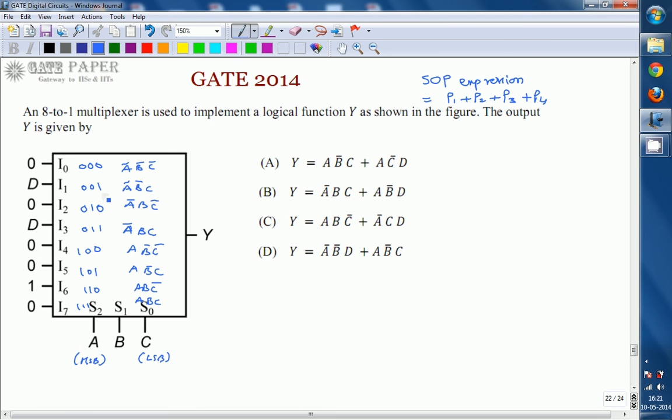Whenever you multiply anything with 0, the result is 0 only. So I0 gives no product term, because I0 is given 0.